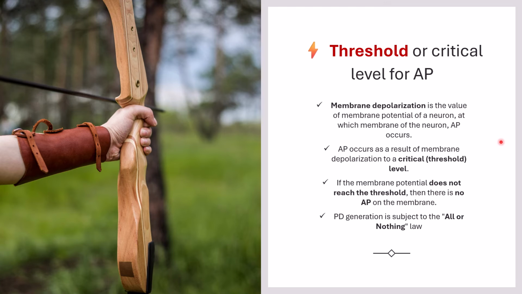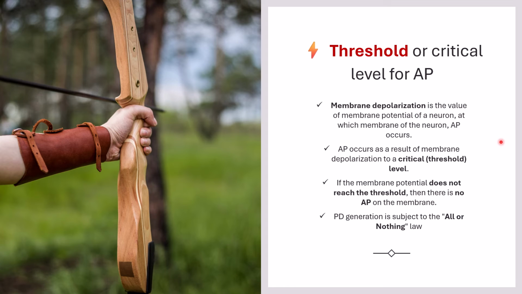If they don't pull it far enough, the arrow will fall to the ground. So no action potential. If the string is pulled to a specific point, that's the threshold, and the arrow will fly. So that's the all or nothing law. Once the archer passes the threshold, the arrow will be released and it flies all the way.